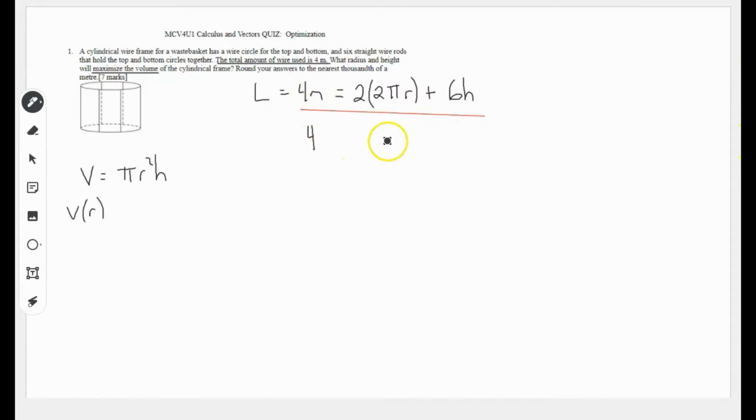And then I'm going to subtract 2 times 2 pi r, which is 4 pi r, but whatever, I'll just leave it for now. And that's going to equal 6h. Divide both sides by 6, and we get h equal to 4 over 6, so that's 2/3, minus, again, 2 times 2 is 4, so 4 over 6 is, again, 2/3 pi r.